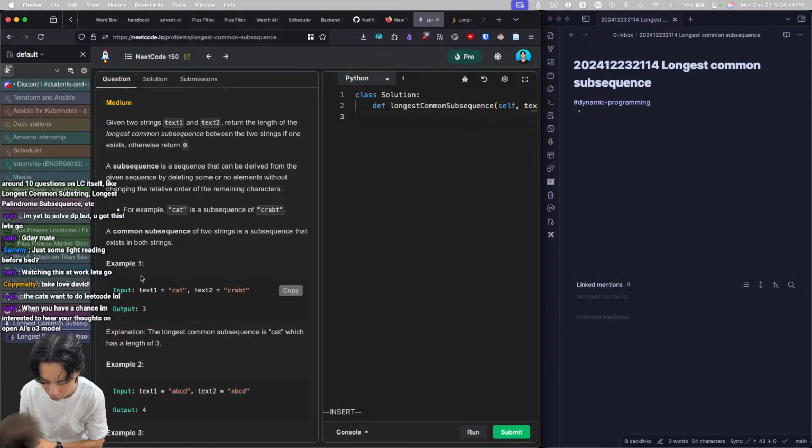OpenAI's O3 model. My thoughts. I don't actually have much thoughts because I haven't read into it. However, if it's like any other, then I would say it's still not going to kill us software engineers yet.